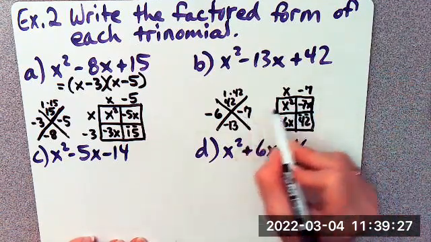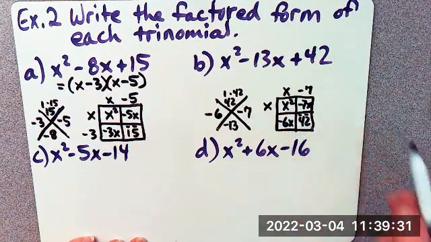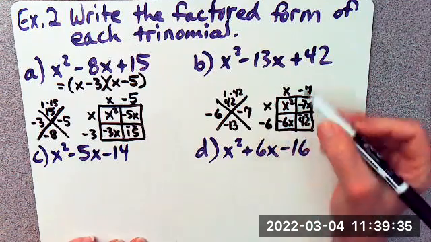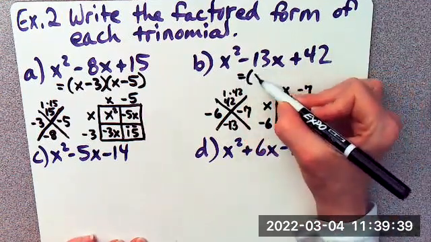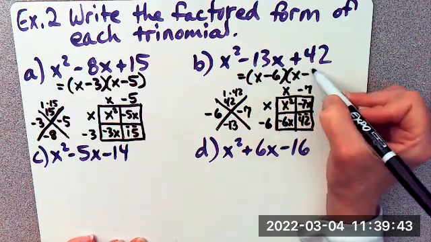And the greatest common factor for this row is x, and the greatest common factor between negative 6x and negative 42 is negative 6. So this is just going to equal x minus 6 times x minus 7.